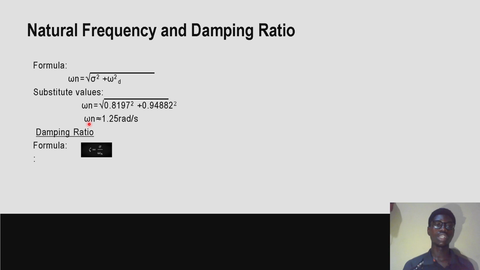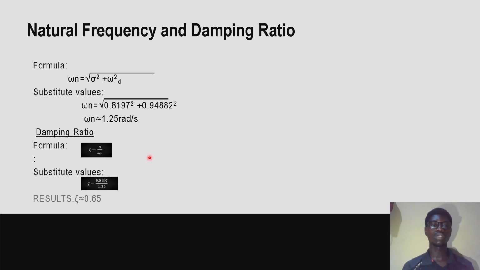Then we use the natural frequency, which is 1.25 rad per second, and the sigma value, which is 0.8197, to find zeta, which is our damping ratio. So zeta is equal to sigma over omega n. After substituting the values, we have zeta equal to 0.65.